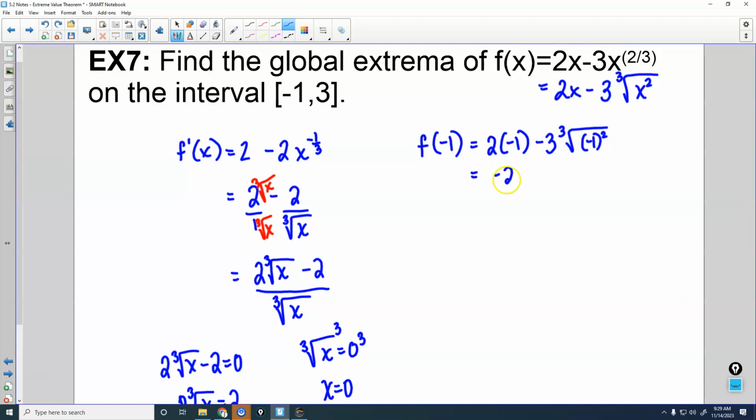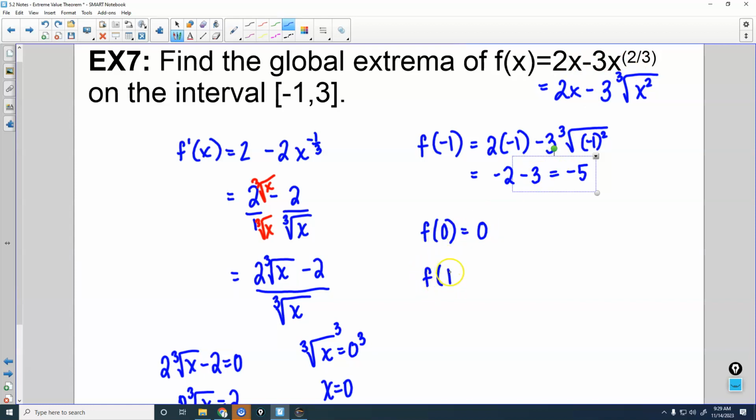And so that'll be negative 2. Negative 1 squared is 1. The cube root of 1 is 1. So this is negative 2 minus 3, which will give us negative 5. We'll do f of 0. It is okay on this one. Both of them have x's, to just go ahead and say it's 0.